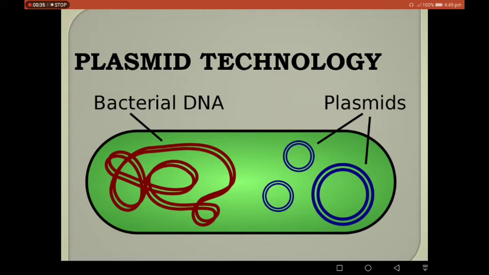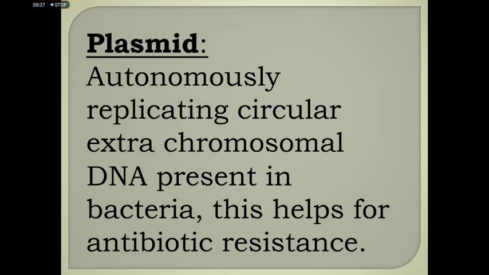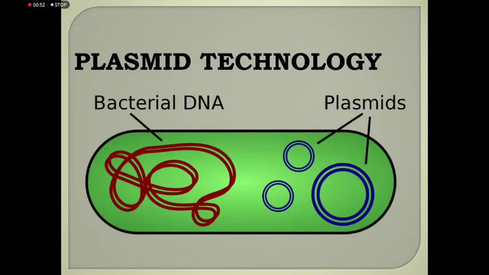Just let us look into the definition. Plasmid means the autonomously replicating circular extrachromosomal DNA present in bacteria. This helps for antibiotic resistance. That means in this picture you can see there is a circular structure. They are extrachromosomal.